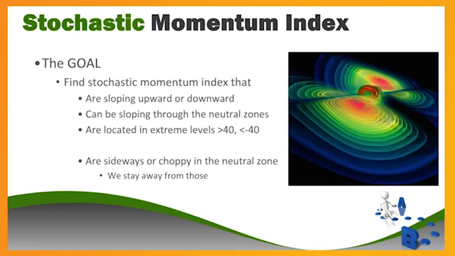If we see a stochastic sitting between 25 and negative 25 and it has no slope, meaning it's flat or chopping around that area, it is not giving us an ideal space to take a trade. Now, there are a couple of exceptions there, and I'll show you those tonight as well, but overall, that is what I want you to think about, right?